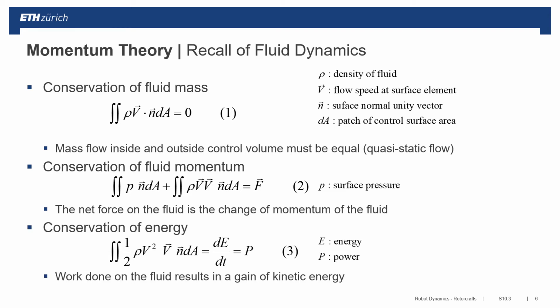The third equation is the conservation of energy, which means that the work done on the fluid results in a gain of kinetic energy. In this equation, the integral over the kinetic energy multiplied by the flow through the surface is equal to the power of the system.